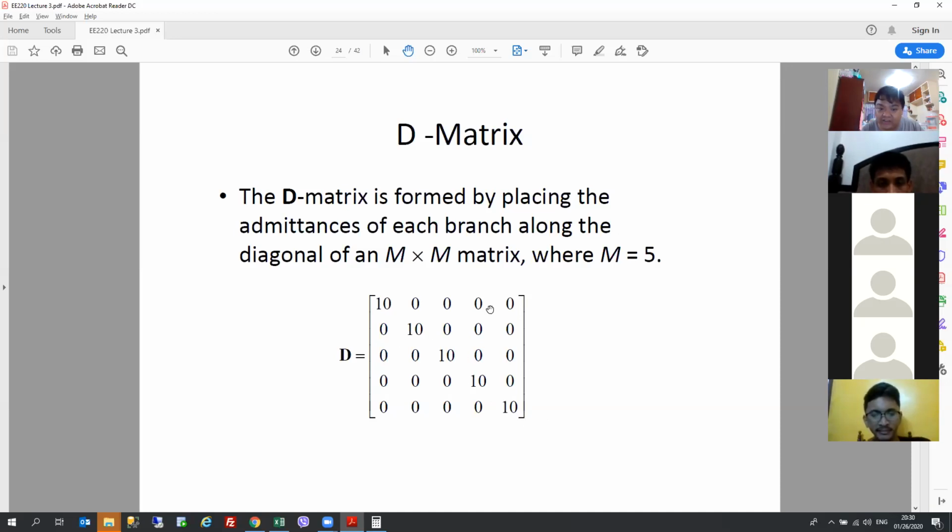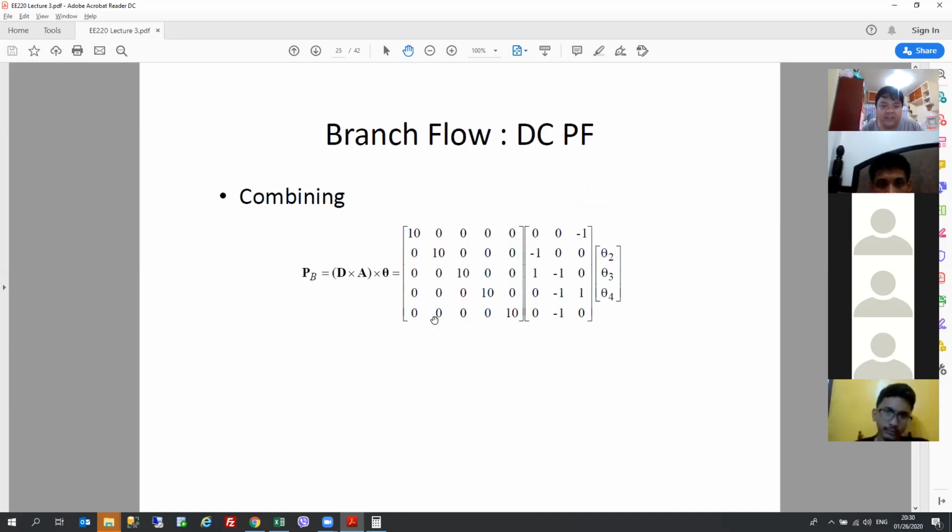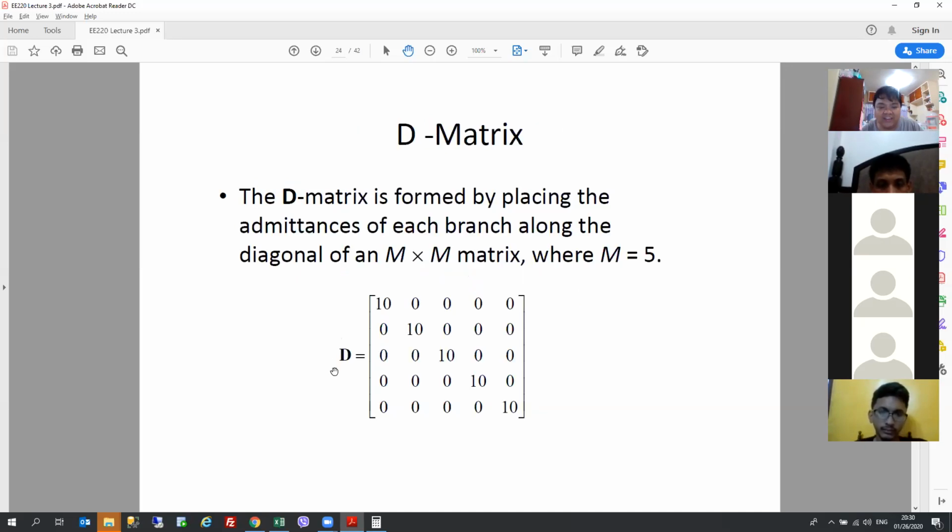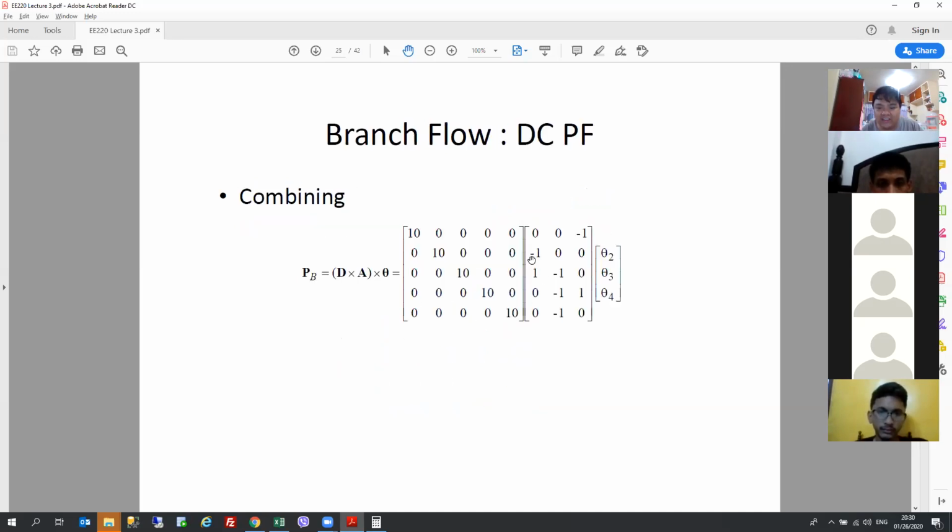Then all the off diagonals will be equal to 0. Now, ito yung D matrix. Ito yung A matrix. Now, in this example, inumit yung bus 1 kasi ginawang reference yung bus 1. But in our example mamaya, babalik natin yung bus 1 ha. Okay?